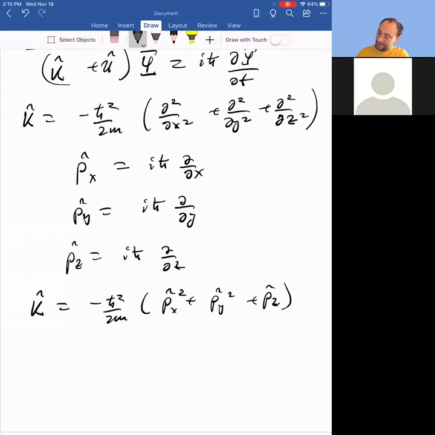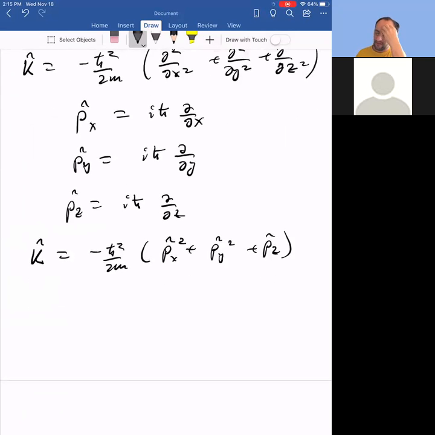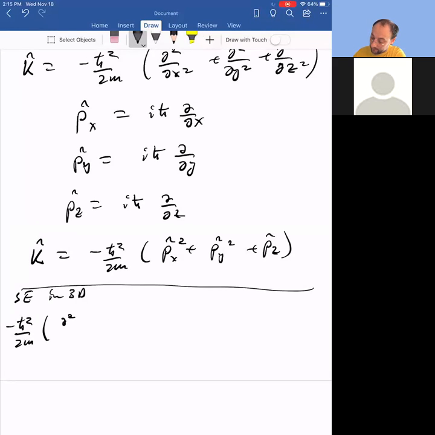But if me mentioning the word operator gives you a headache, I can just say that the Schrödinger's equation in 3D is just written like that.